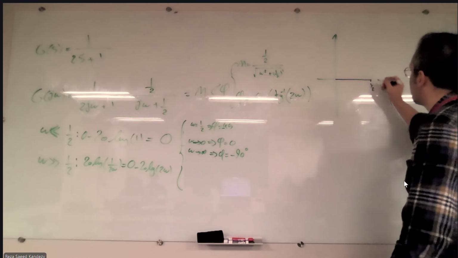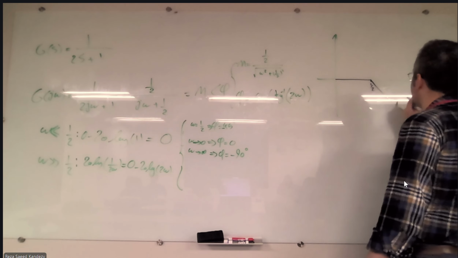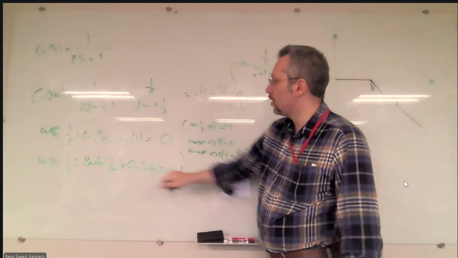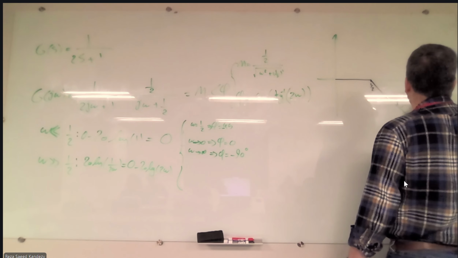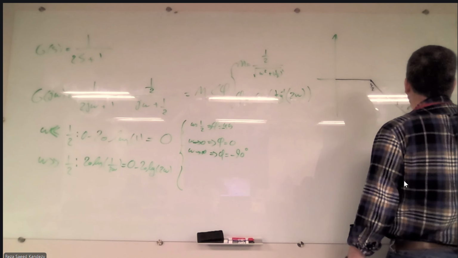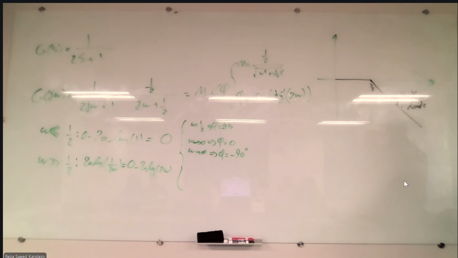Okay? So we are going to see a decreasing line, and the slope of that line, based on this value, is minus 20 dB per decade. Is that clear? Any question about that?